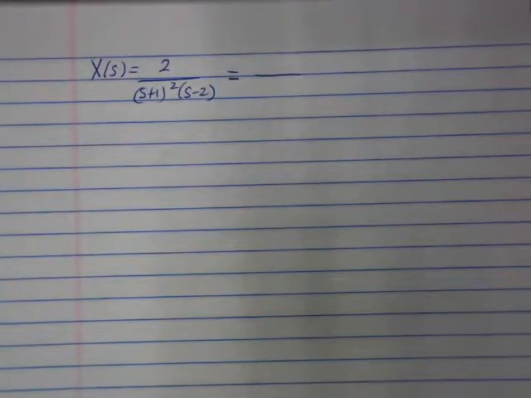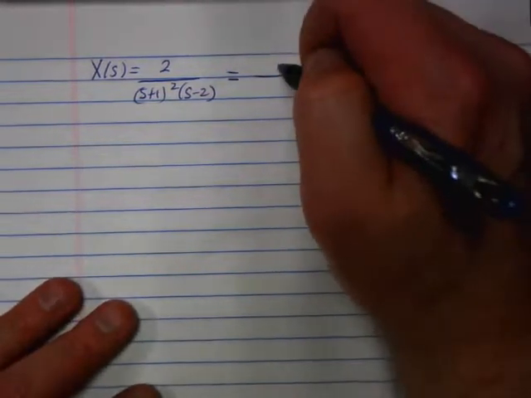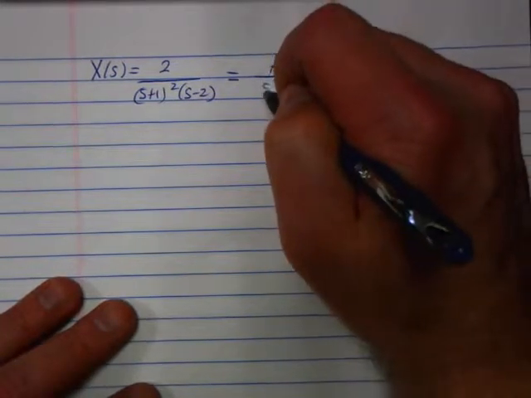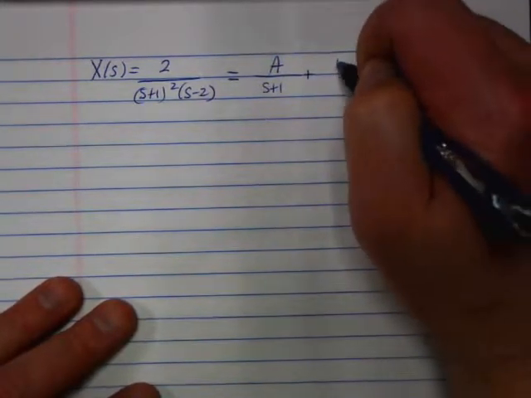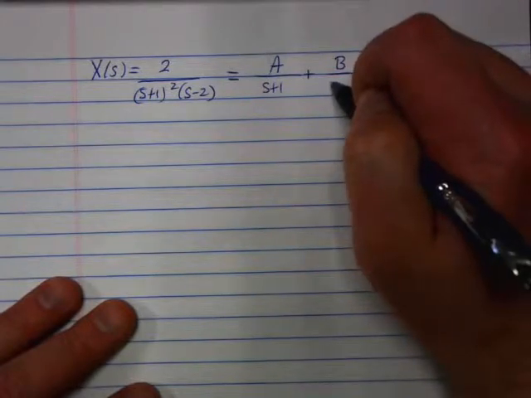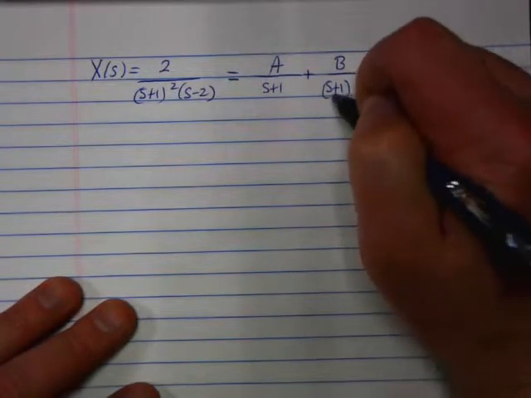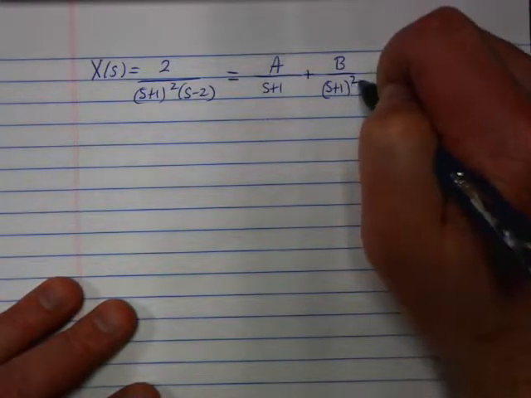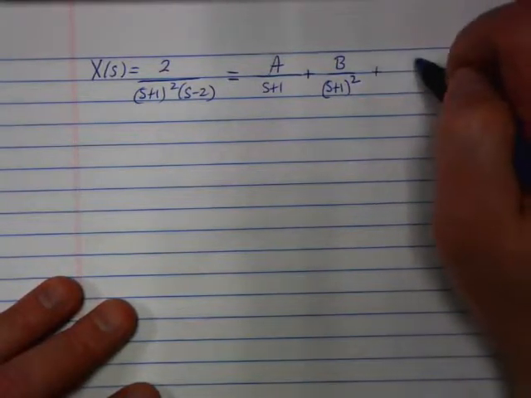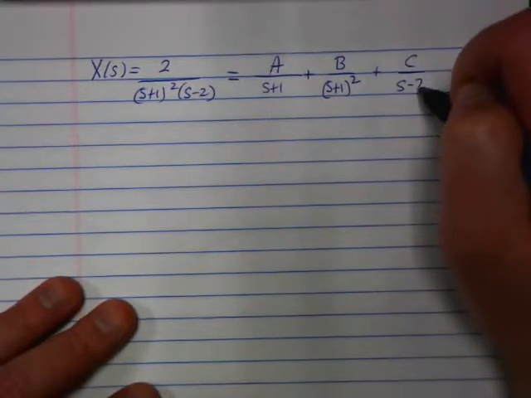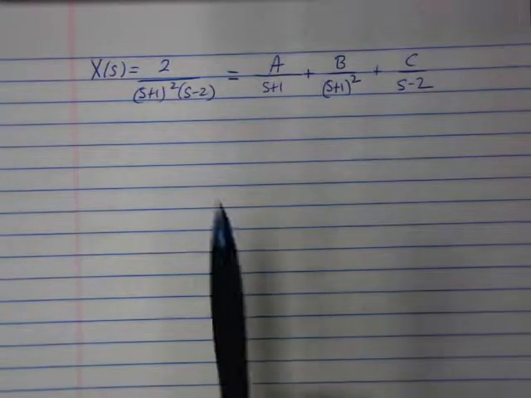You have A over S plus 1. And then another B over S plus 1 squared. And then a C over S minus 2. Okay? So you recognize the difference.